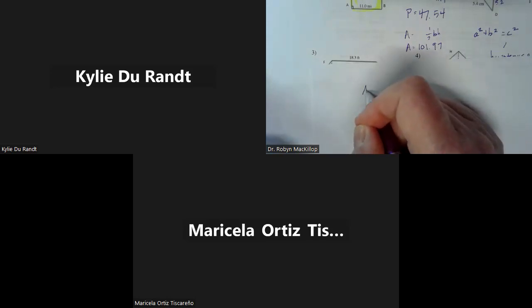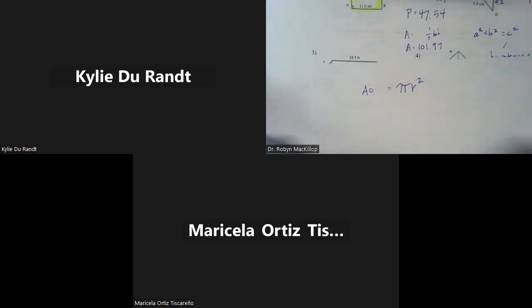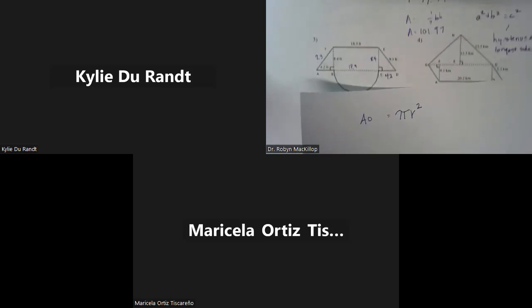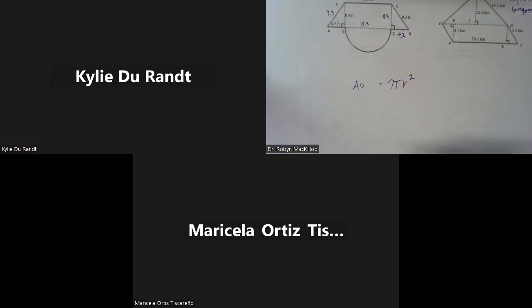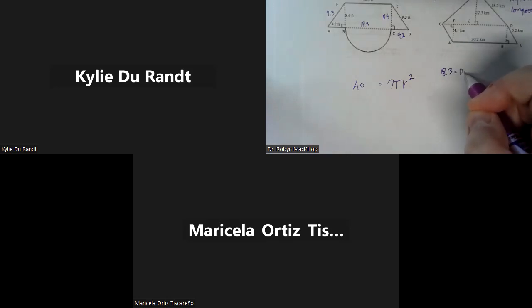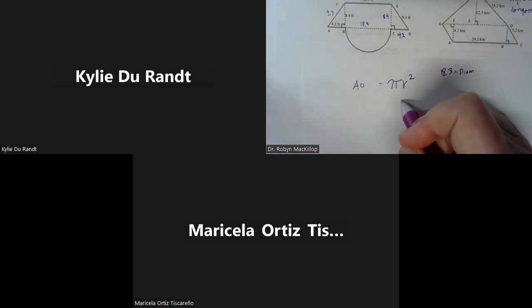That is the area of a circle. We have half a circle, so we have 2 steps to take with this circle. What is the radius? If our diameter is 18.3, what's the radius? It would be 9.15. So our radius is going to be 9, whoops, that looks terrible. 9.15.